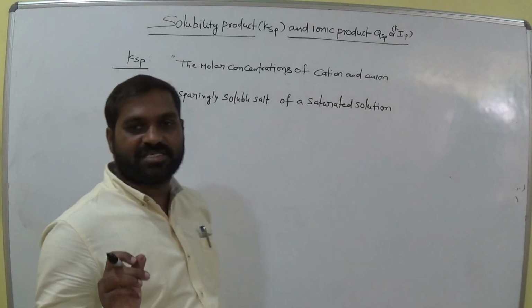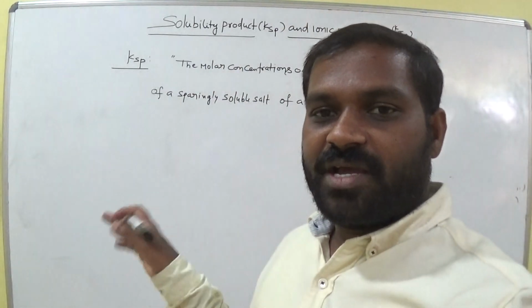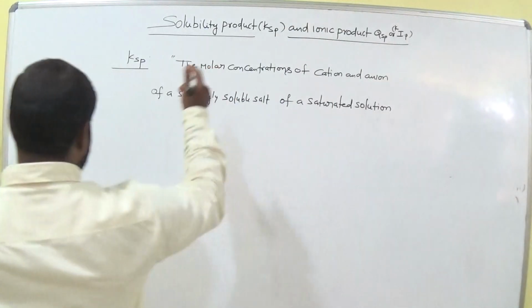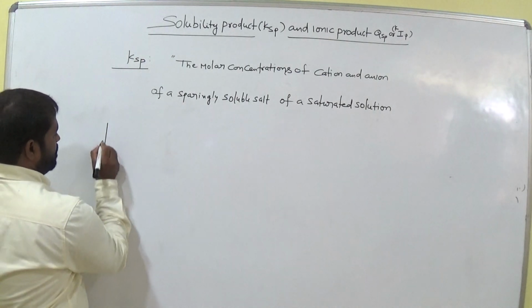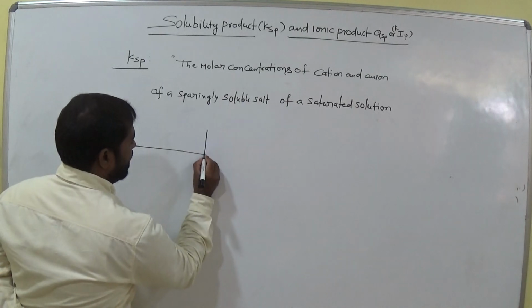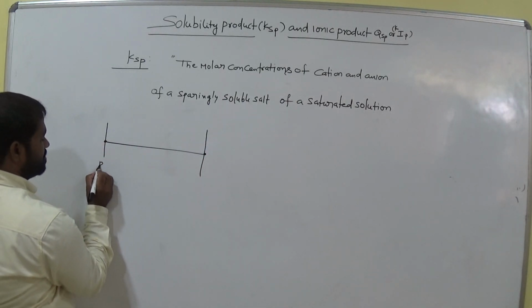Now, applications of ionic product QSP. Let's see first of all. This is the point and this is the point. This one is reactants.